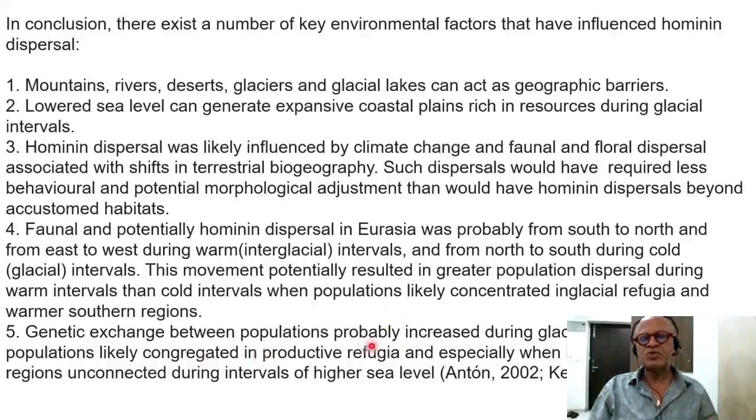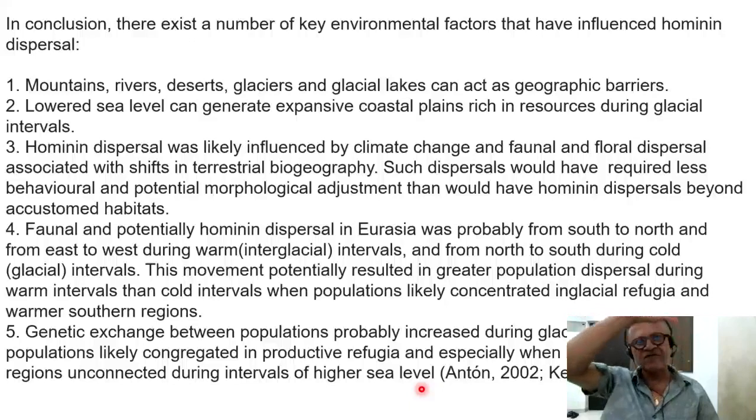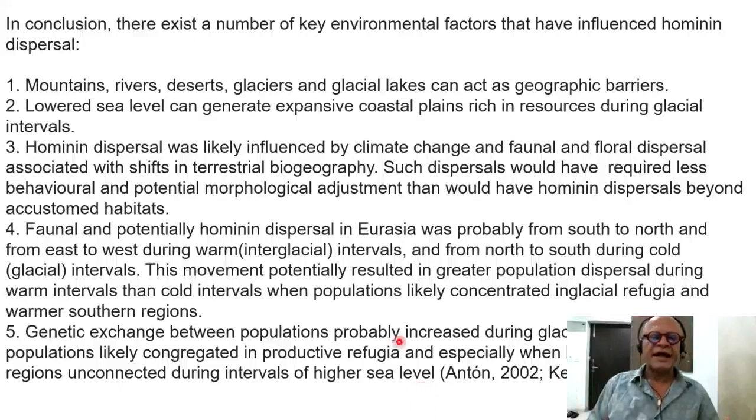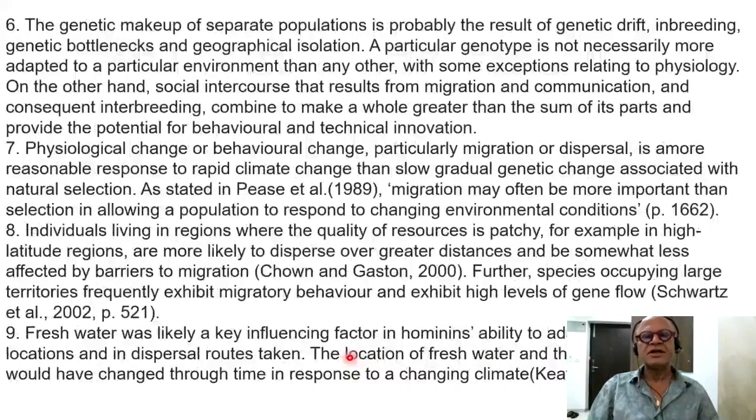Genetic exchange between populations probably increased during glacial intervals because of the concentrations, when populations likely congregated in productive refugia, and especially when land bridges linked regions unconnected during intervals of higher sea levels. So especially in Asia, going from Africa into India, into Southeast Asia, Indonesia, maybe even Australia, and across into Europe, these land bridges would have helped, and concentrations would have allowed more genetic exchanges.